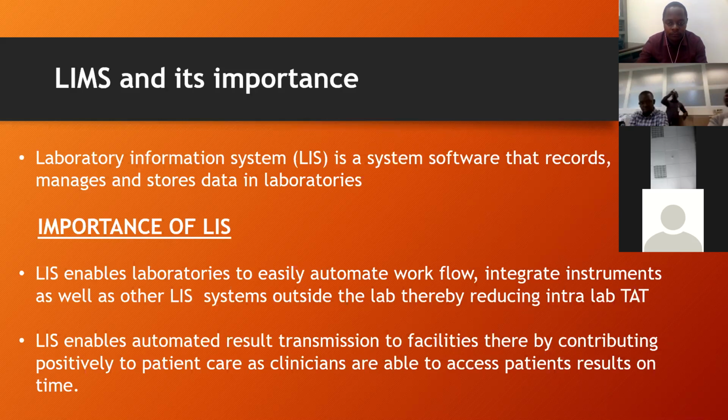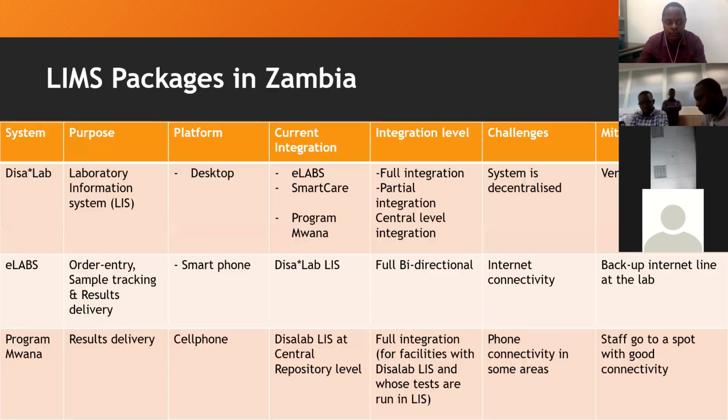That helps us to reduce the intra-lab turnaround time. The LIS also enables the automated transmission of results to facilities, thereby positively impacting on the patient care as clinicians are able to access patient results on time.